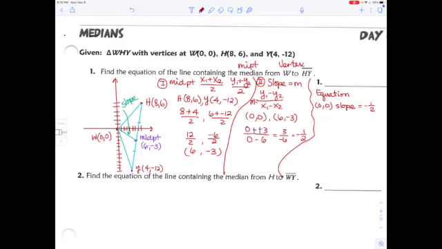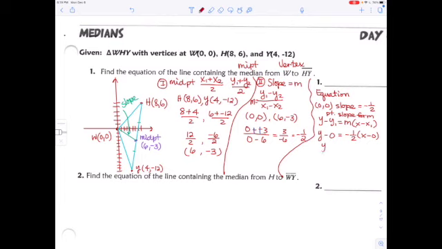Now to write that, we use point slope form. Point slope form is y minus y1 equals m times x minus x1. And don't forget, this is point slope form. That's going to be y minus 0 equals -1 over 2 times x minus 0.